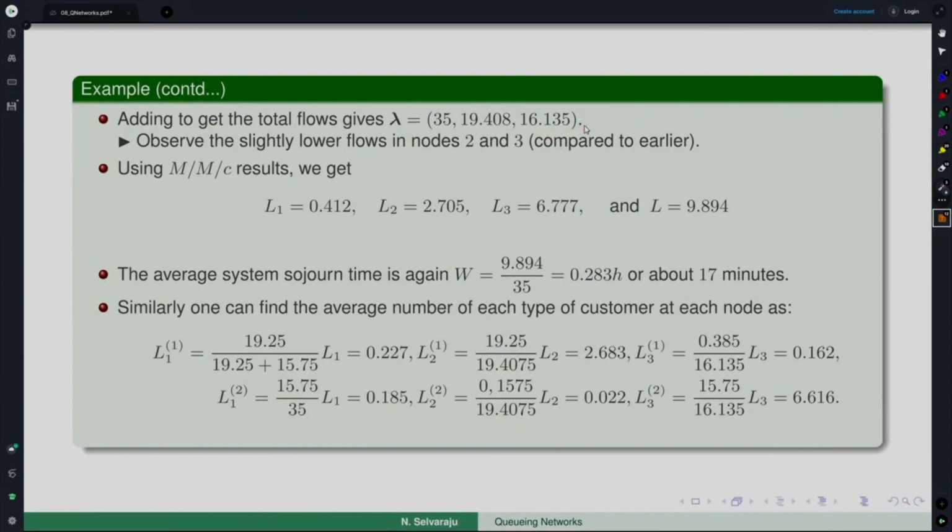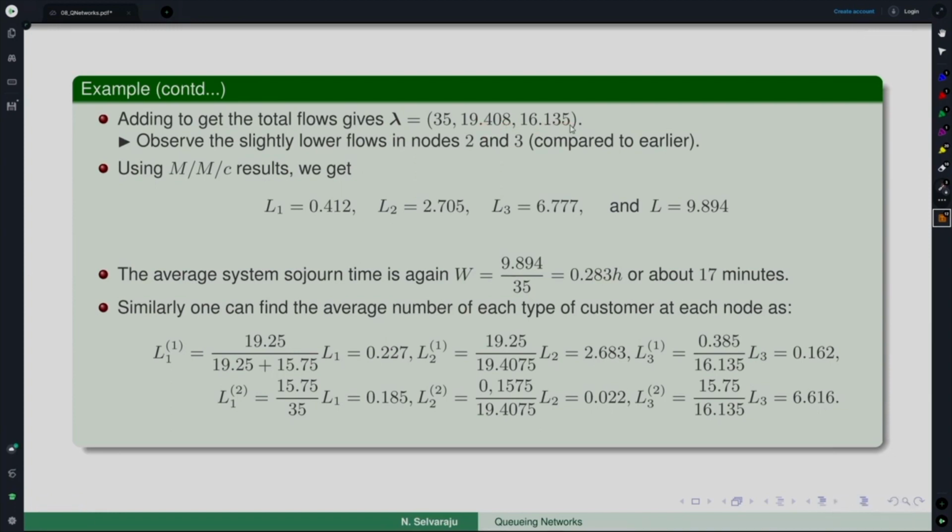That is because this percentage, 1%, 2%, is very low, so the impact is less. But still you see this little lower total mean flow, because we are now disallowing the feedback to the previously visited node.